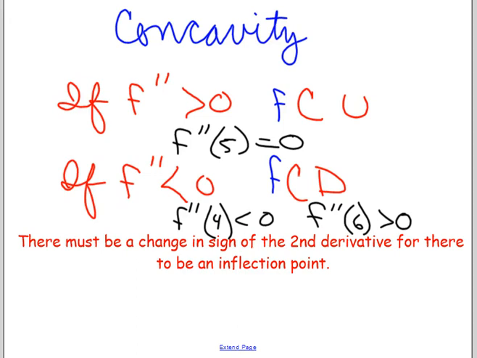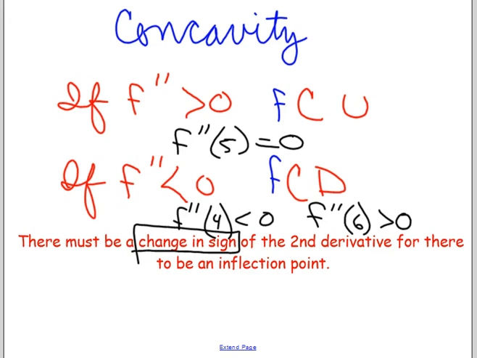If you've shown me those two things, then you can say, since f double prime has a change in sign at that point, 5 is a point of inflection.